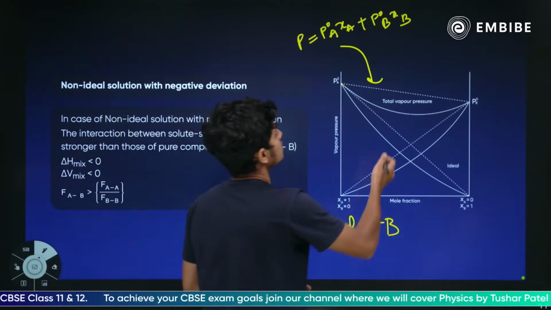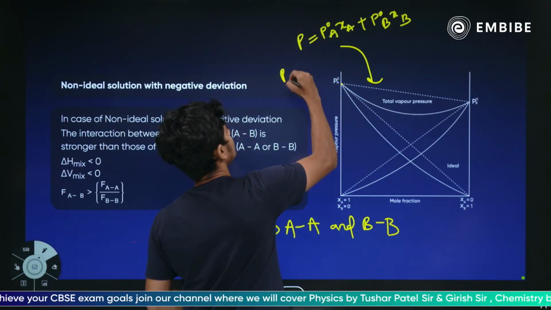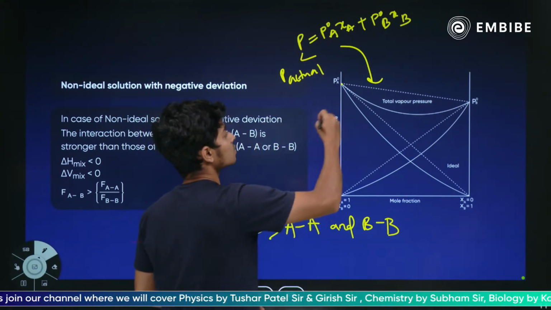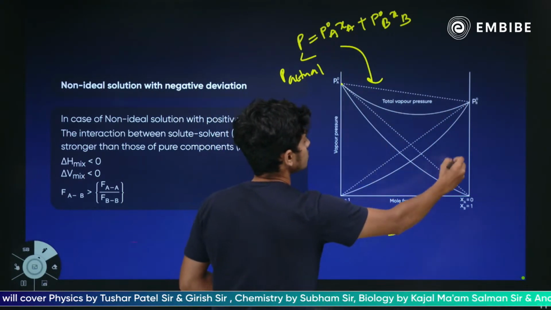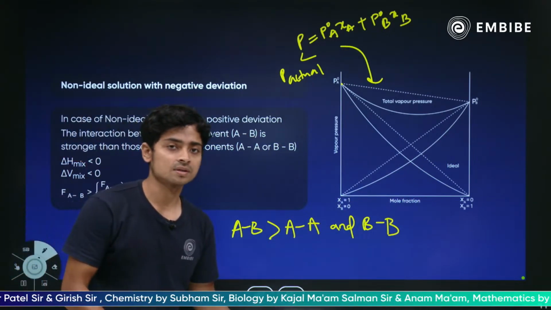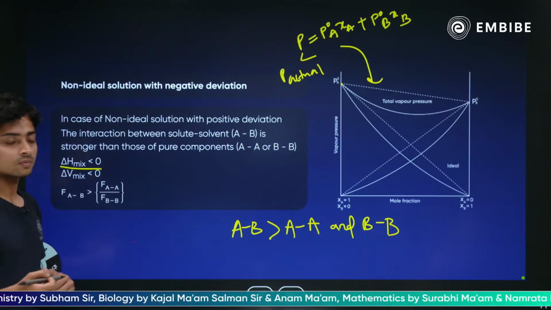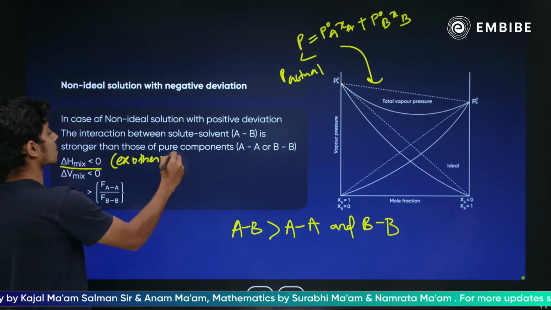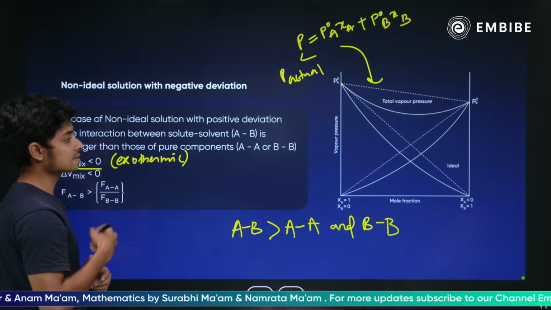Since your solution is showing a negative deviation, P actual will be less than this value. The curve will be lower than that straight line, and the individual pressures are also lower than the straight line. Just the opposite here, and your delta H mix will be less than 0, so it will be an exothermic process. Your delta V mix will also be less than 0.